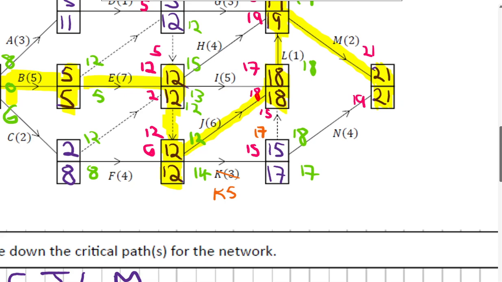But it wouldn't change anything else. What effect will this have on the critical paths and the time it takes?